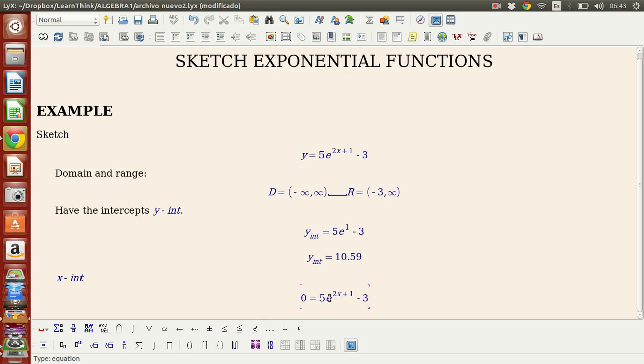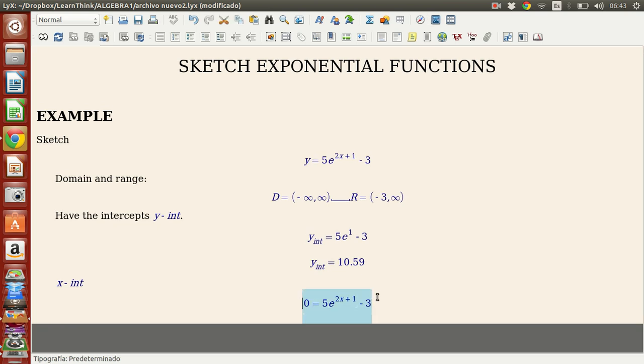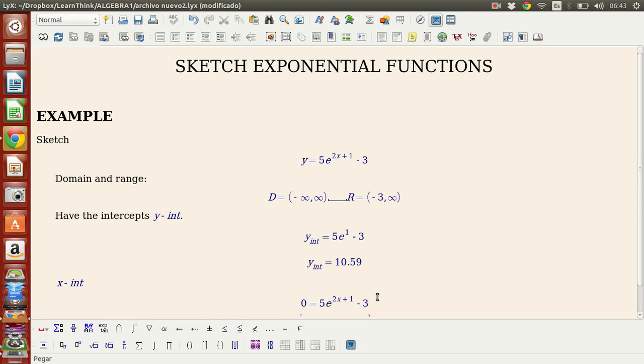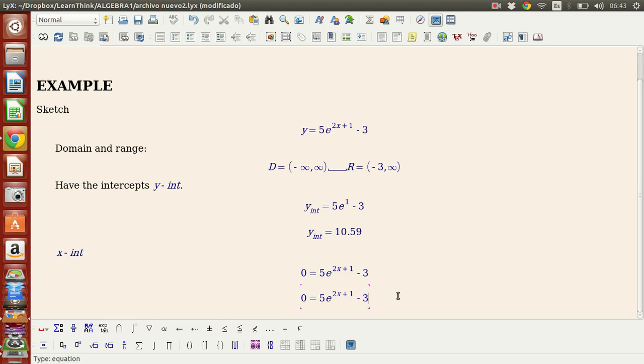So we have to solve the equation. We can add 3 to both sides, and then divide by 5 on each side of the equation.